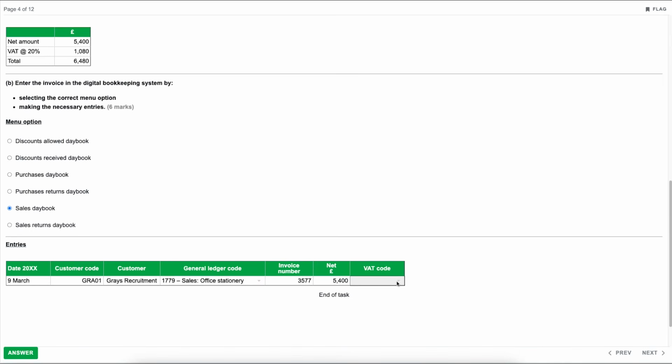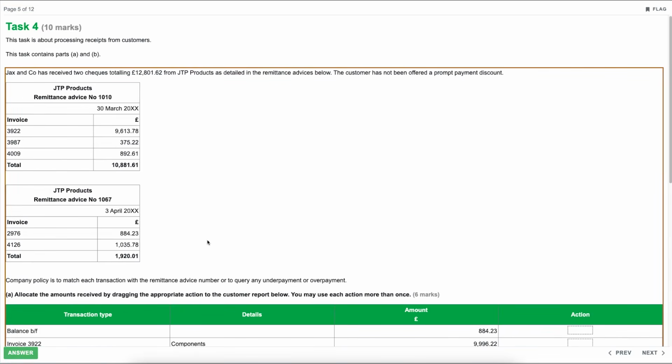And then the VAT code, so we know is 20% because it stated that it was a taxable supply at 20%. So it would therefore be V04, 20%. And that finishes task 3. Again, hopefully nothing too complex there. And we can now move on to task 4.